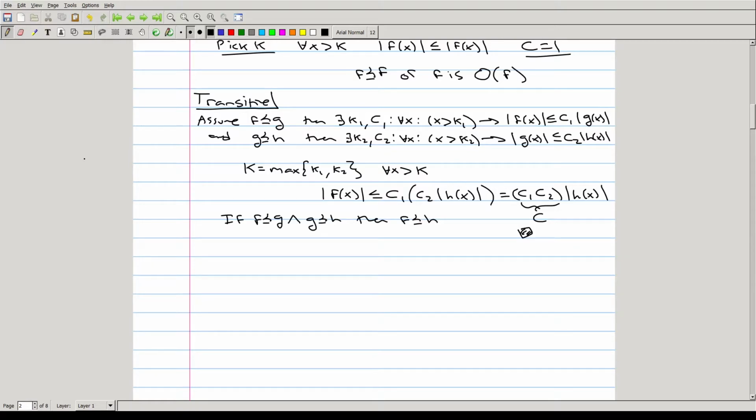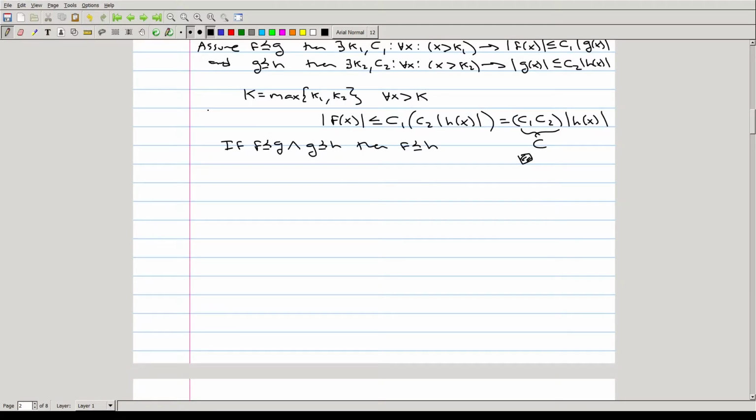And this is going to be super important when we get to what's called the same order relation, because it turns out that the same order relation is actually an equivalence relation, which means it partitions the set of functions that we're talking about into equivalence classes that are equivalent in the order of growth of the functions, which is a super important idea because we want to be able to prove certain statements about the growth of algorithms, and in order to do that, having this partitioning is extremely important.